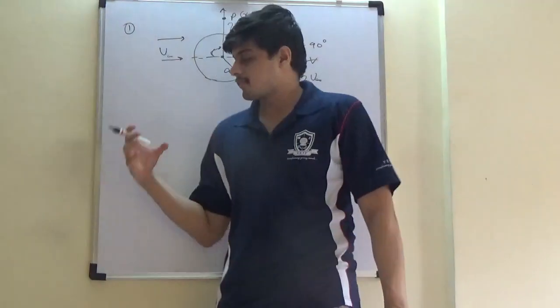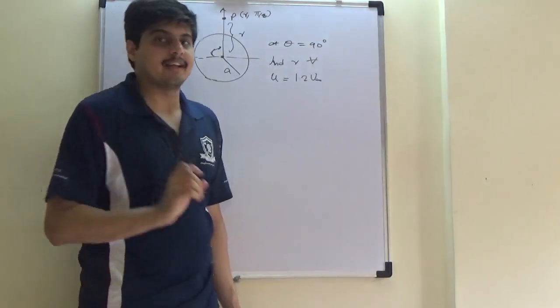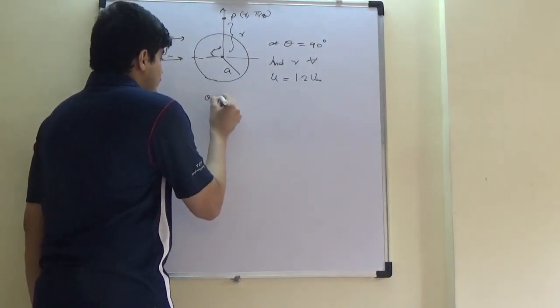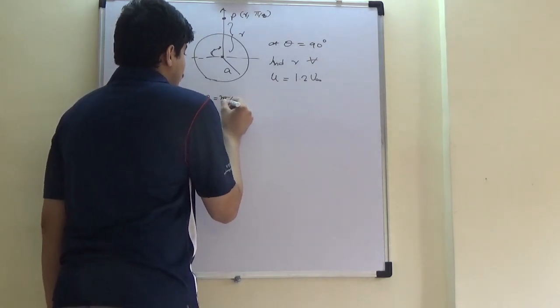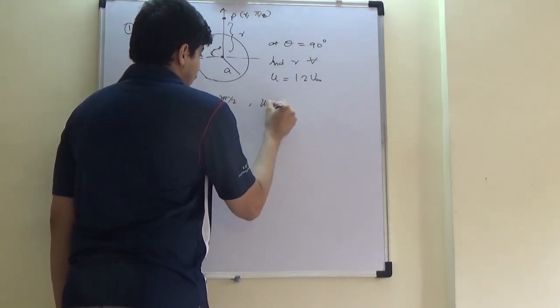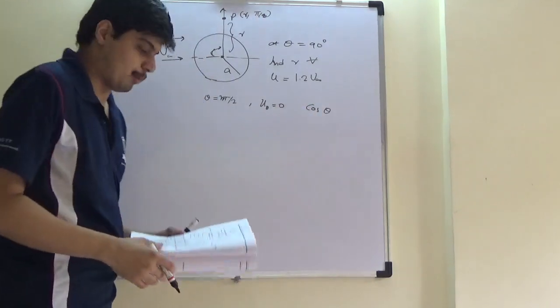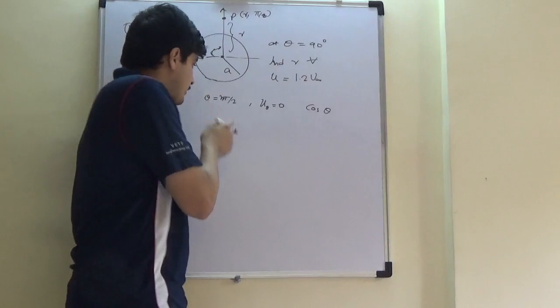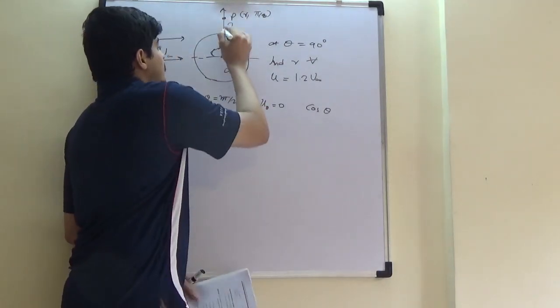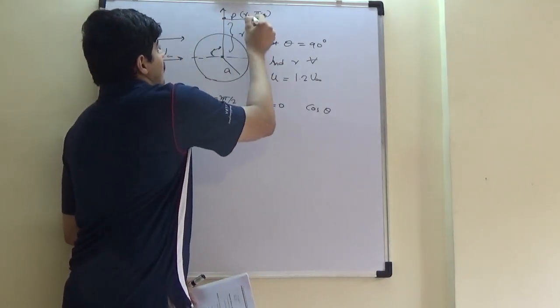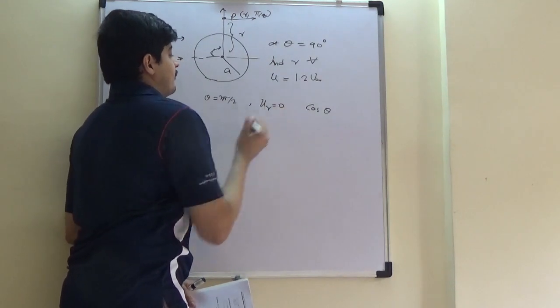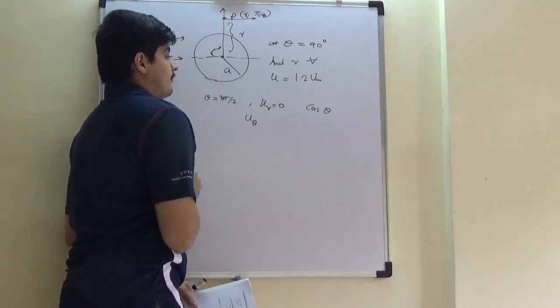Most importantly, we have seen that in the cylinder when theta is n pi by 2, u_r becomes 0 because it has a cosine component, correct? So the only component present along this axis would be u theta, right?